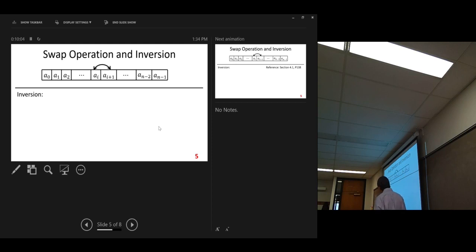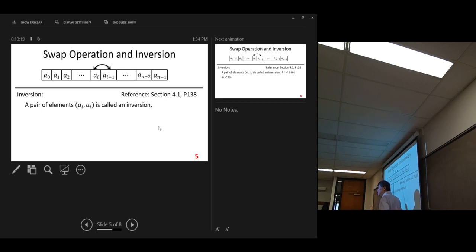What is the inversion definition? A pair of elements, A sub i, A sub j, but not necessarily adjacent, anywhere, is called an inversion if, when i less than j, A sub i greater than A sub j.